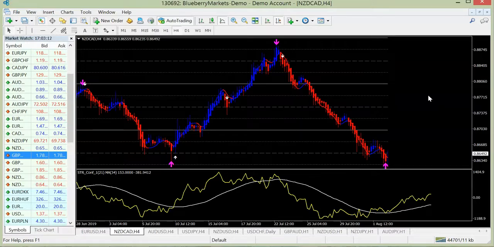This is a manual strategy and most probably the best manual strategy for swing trading or for scalping, but mostly for swing trades, for Forex, of course. This is a Forex strategy.